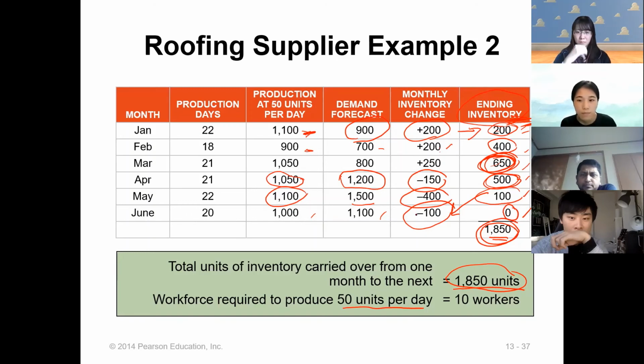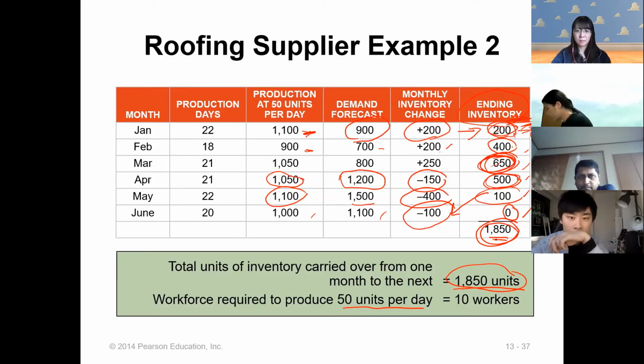Now, at the end of these 6 months, we have so-called incurred costs. Because if you keep this 200, there is a holding cost. Correct? So at the end of the month, you keep the 200 for another month. So there is a holding cost of 200 units for one period and 400 units for another period.